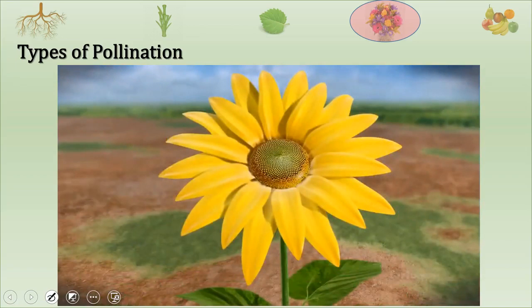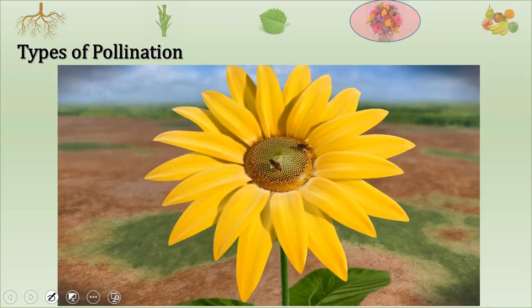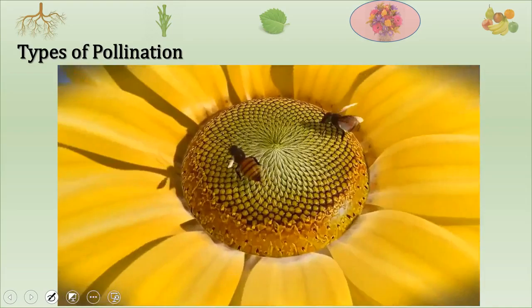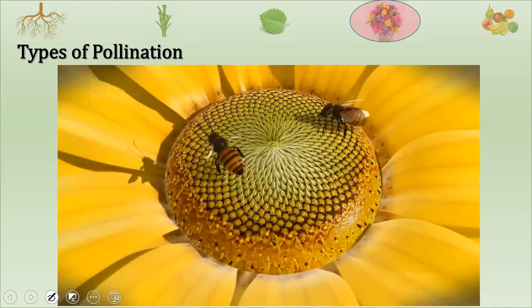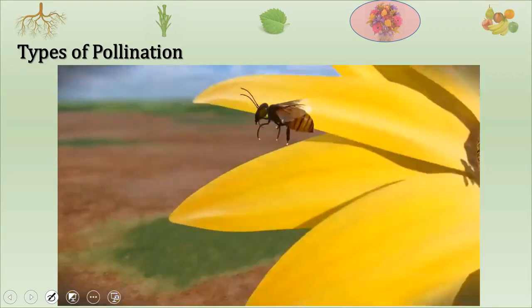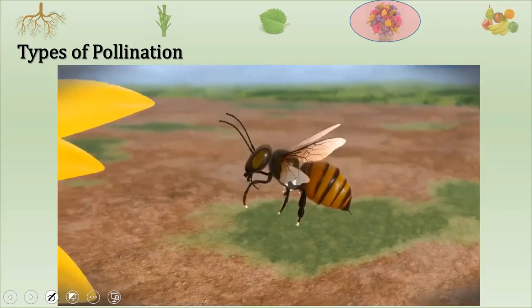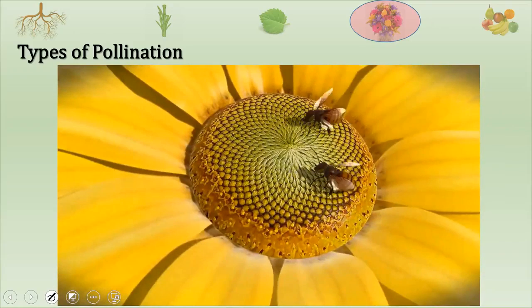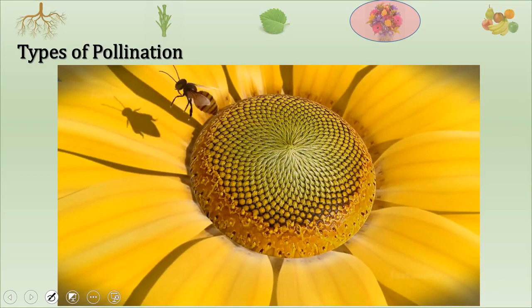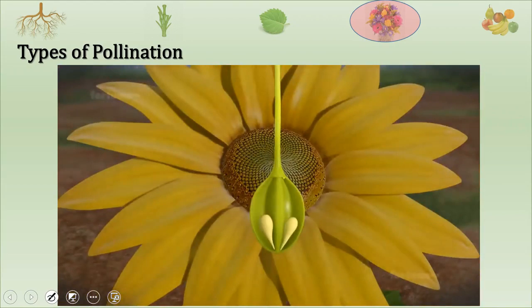Cross-pollination, on the other hand, requires pollinators such as honeybees. When these little pollinators land on the sunflower to gather nectar, their legs will be dusted with pollen grains. As the bee travels to another flower, it will leave behind some of the pollen when it stops, and this will be collected by the stigma.